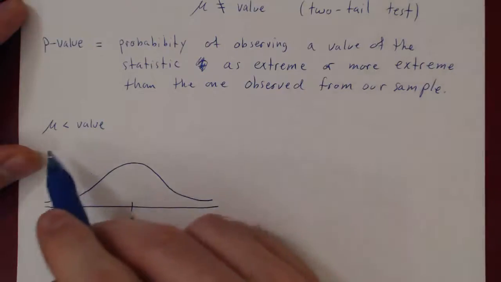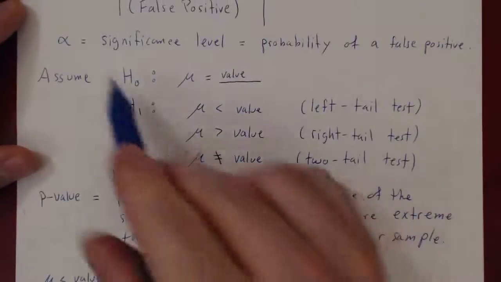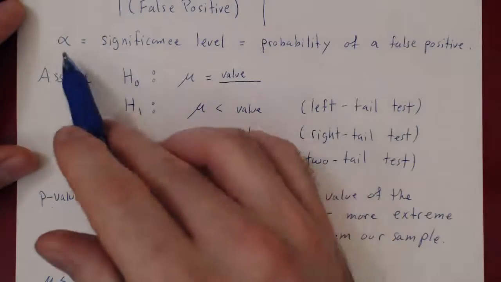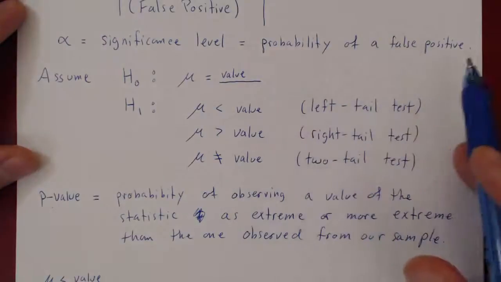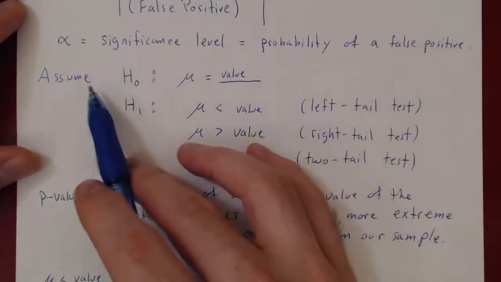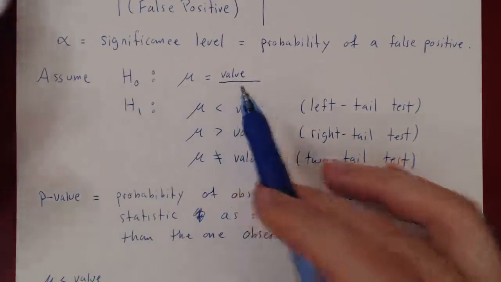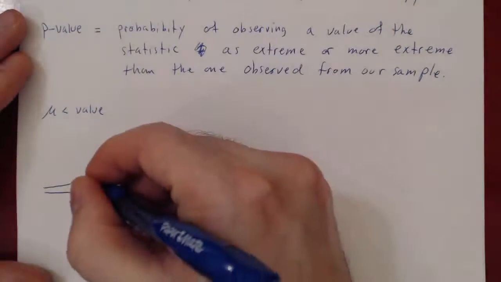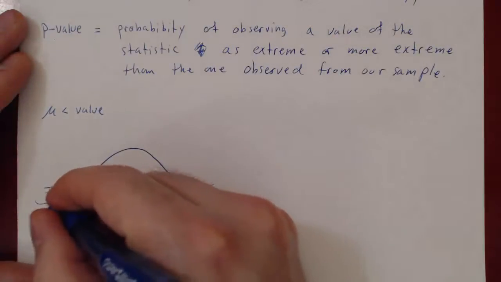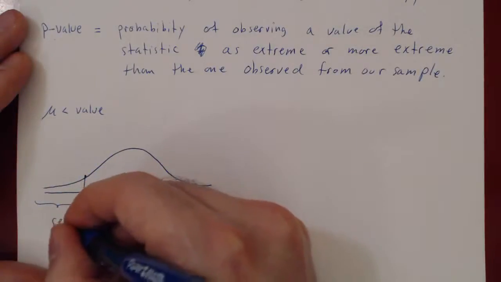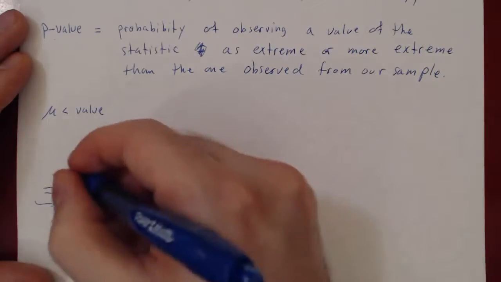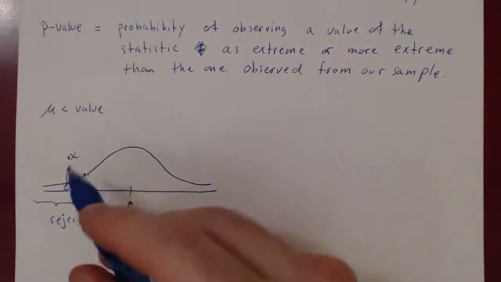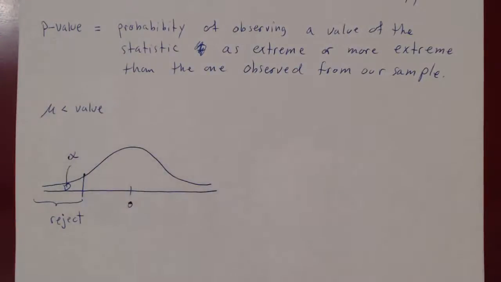So we will actually reject the lower alpha percent of our distribution, right? Alpha is the probability of making a false positive, therefore assuming H0 is true, but rejecting it. So we would reject the left tail of our distribution, where the threshold is alpha, our significance level. And again, alpha will range between 1 and 5%.